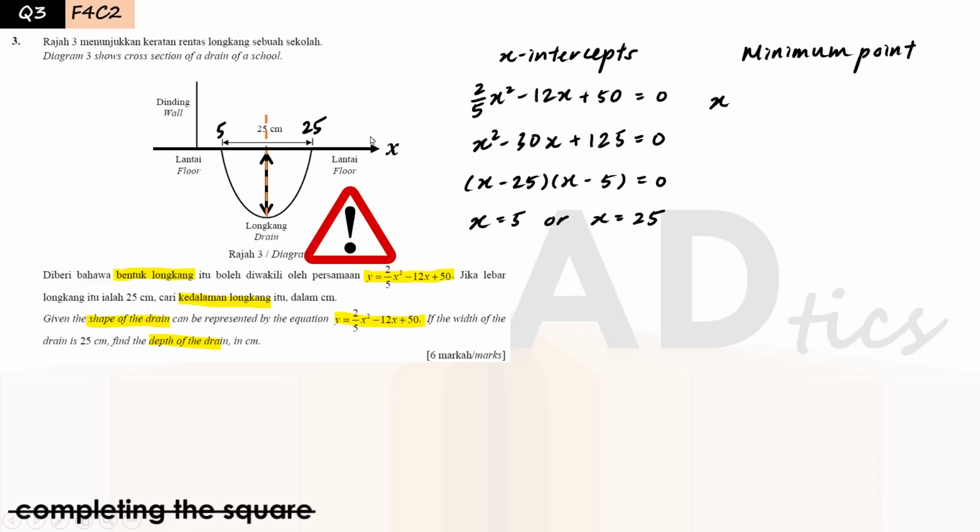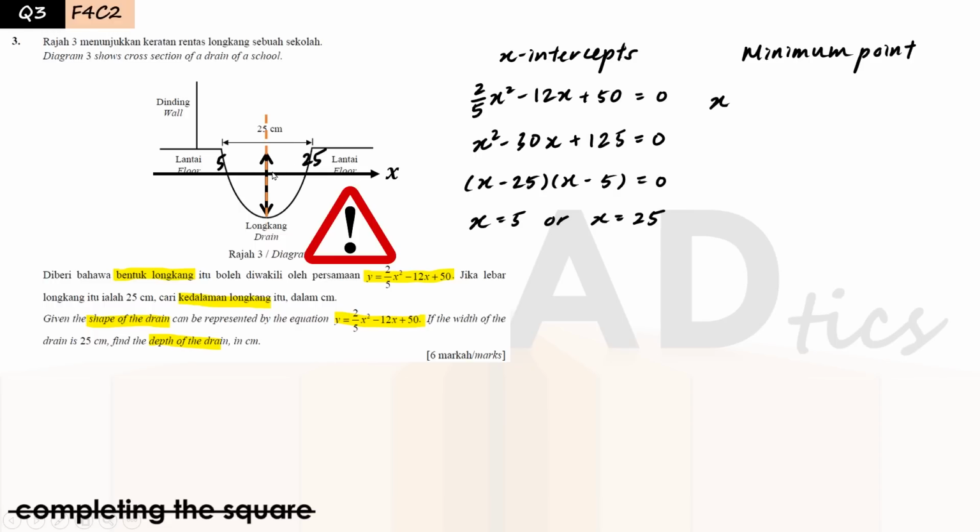So the x-axis is not the floor, which means this x-axis should be below the floor. Why is it below? Because the difference of these two values is 20 cm. It's shorter than the given length here, so it will be below the floor.